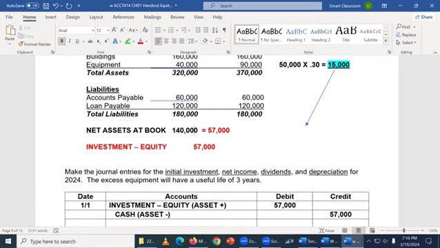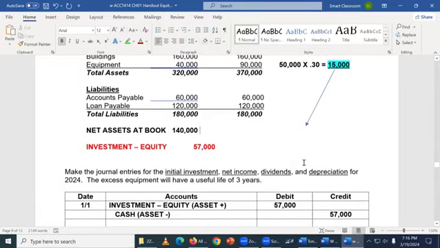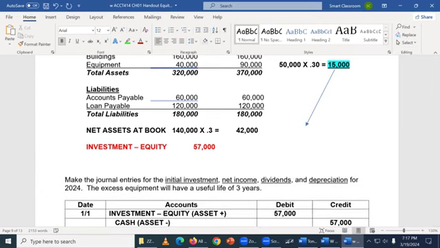And we would get 30% of it. $42. So those would be the book value of our investment.